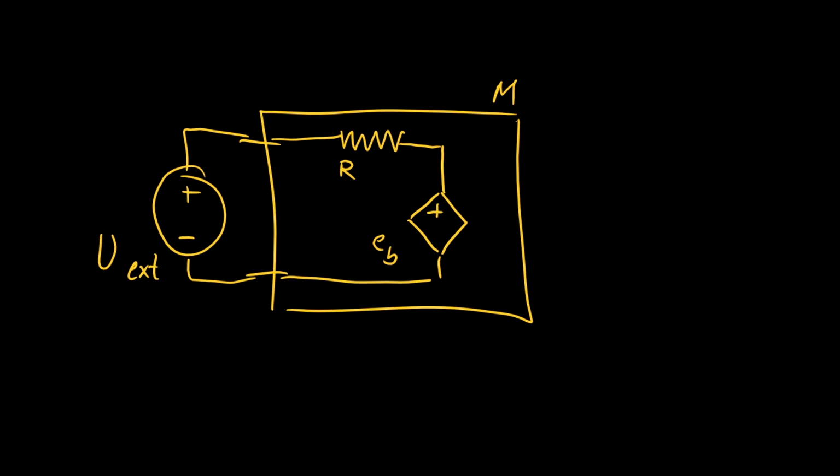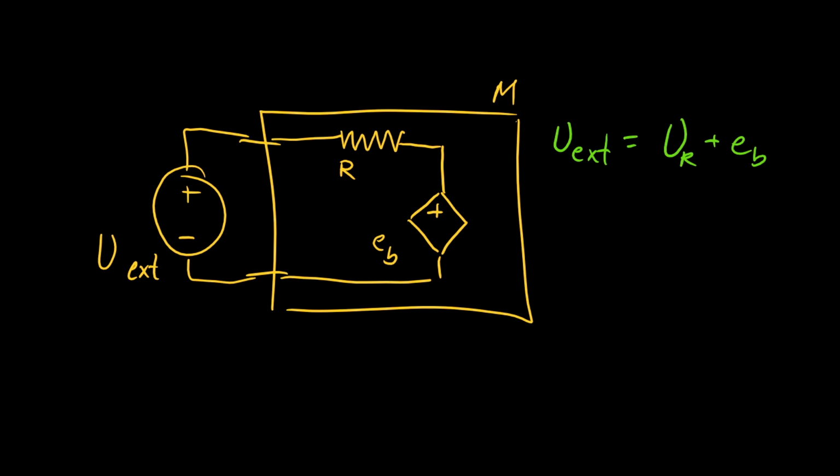All right, so let's see if we can write up some equations for this. Just using the Kirchhoff law, we can figure out that UEXT is equal to the voltage over the resistor, let's call that UR, plus the back EMF. Remember, the back EMF is proportional to the velocity of the motor.